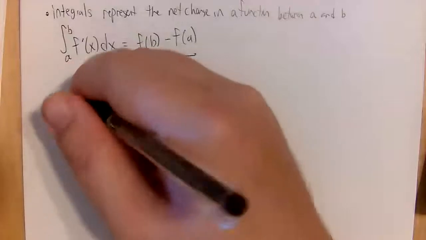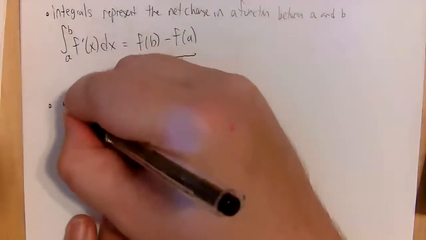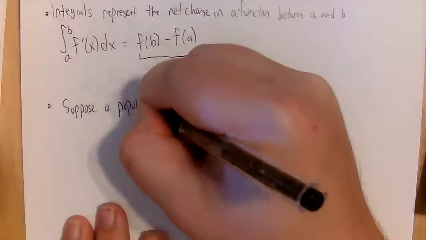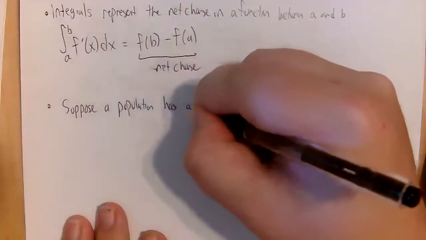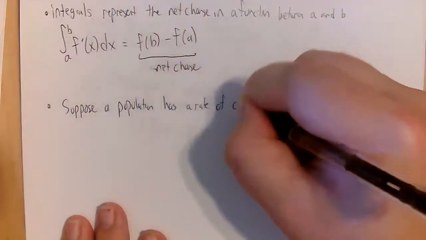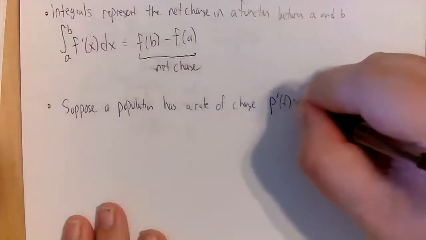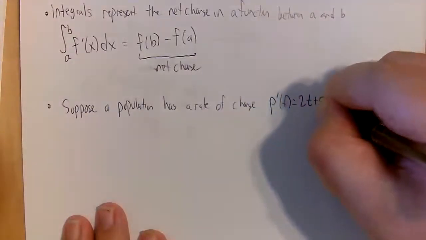So for our first example, let's suppose a population has a rate of change, and we'll call this p prime of t equals 2t plus 5.